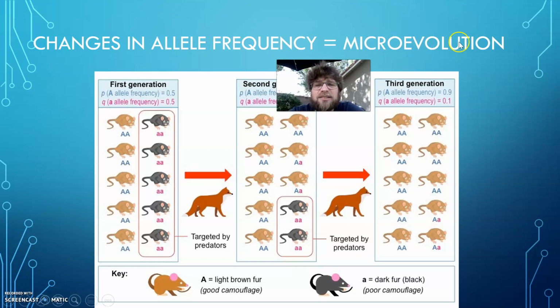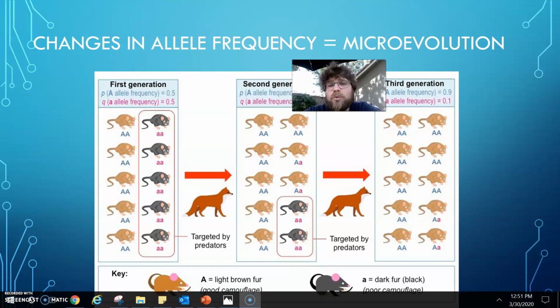That is microevolution. Natural selection is one way that can happen. You can have some sort of environmental pressure selecting for one trait, in this case the capital A allele, to be passed down more often until you get microevolution, a change in the allele frequency.